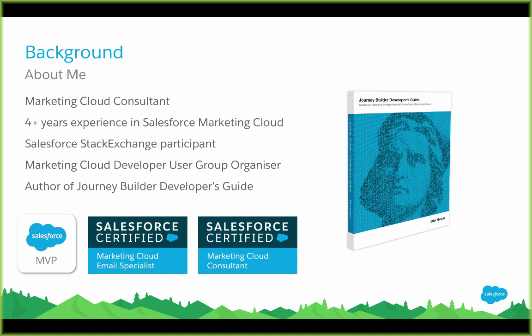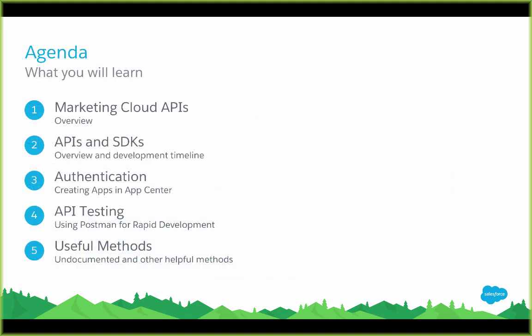Now, what we're going to be covering over the next hour is I'll give you an overview of the APIs. We'll take a look at APIs and SDKs available in Marketing Cloud. We'll touch on authentication and show you how to create apps in App Center. We'll look at how you can use tools like Postman for rapid development and working with APIs.